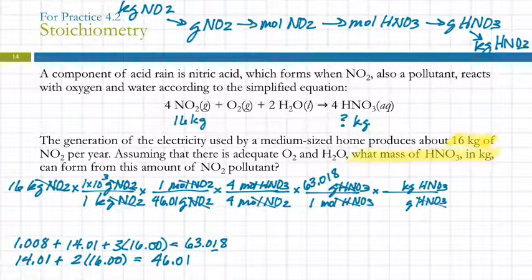And then I need to do a conversion at the other end, kilograms to grams. This time kilos on top, 1 kilogram on the top. I'm going to write 1 times 10 to the 3rd on the bottom. What happened with those conversions between kilograms and grams? They cancel each other out, right?